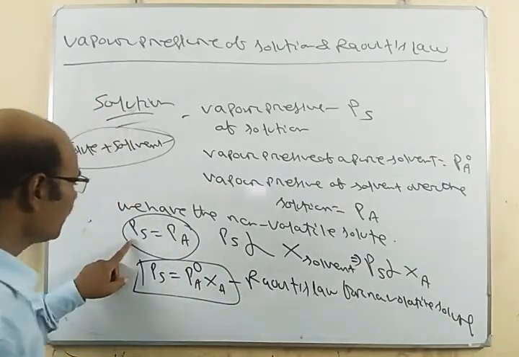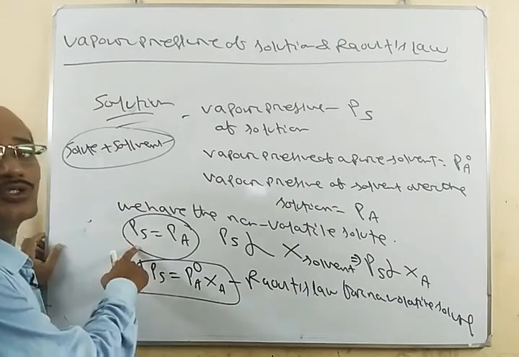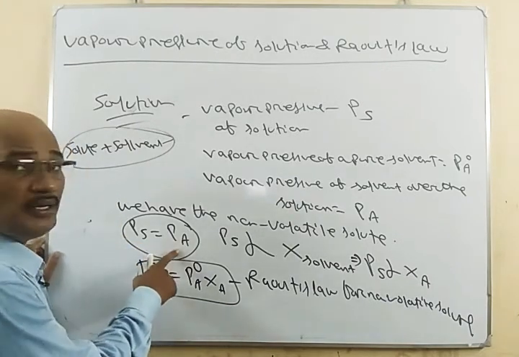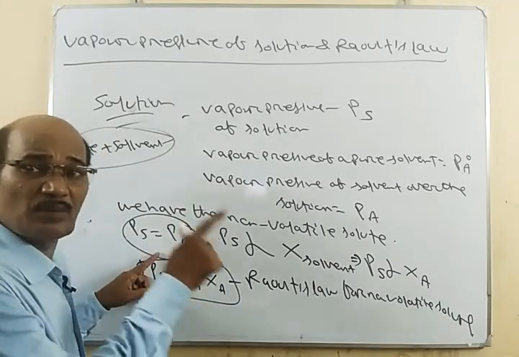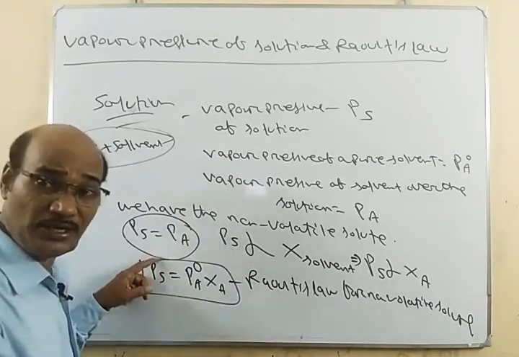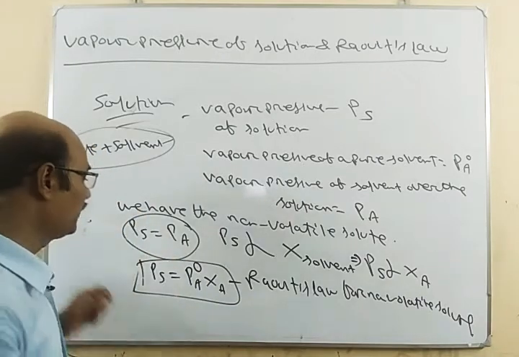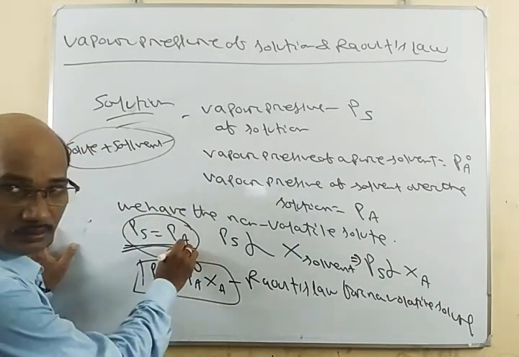If PS is the vapor pressure of the solution, and PA is the vapor pressure of the solvent over the solution containing the non-volatile solute, then PS is equal to PA.